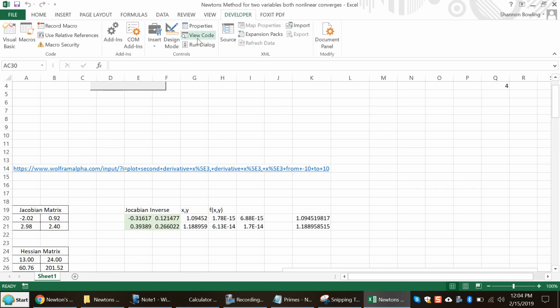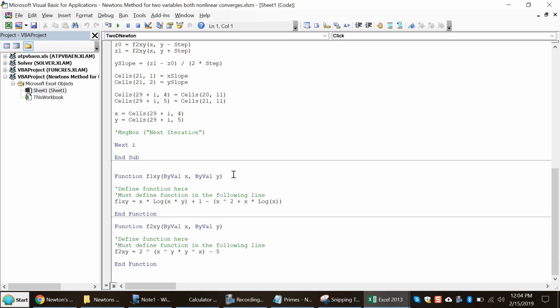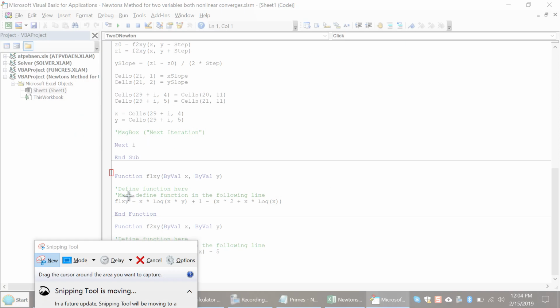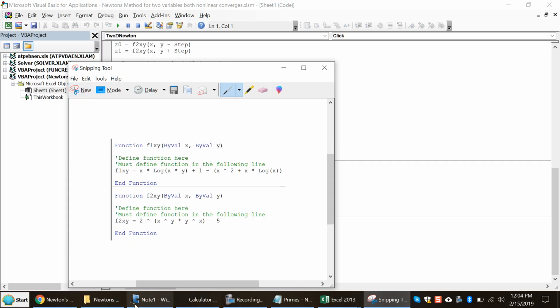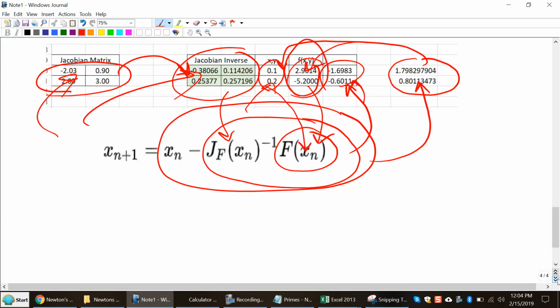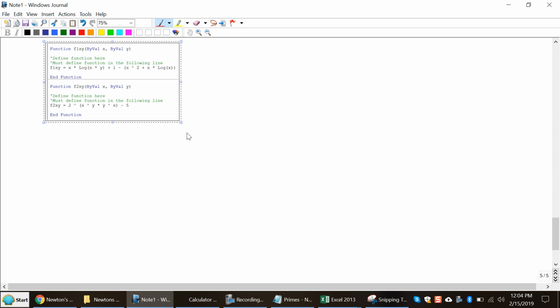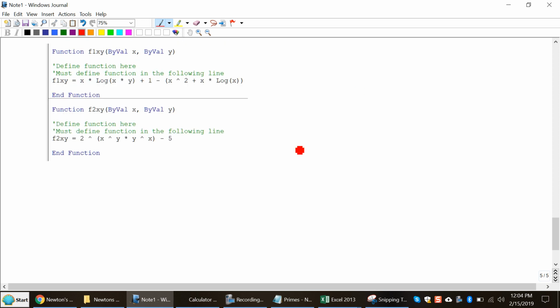In this example, here are the 2 functions that I have. And you've already seen these. I had you guys do a Hessian matrix on one of them.